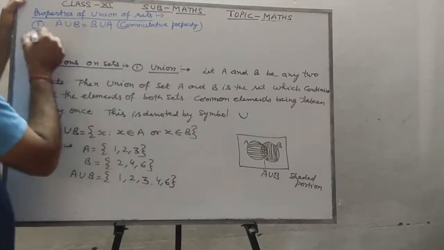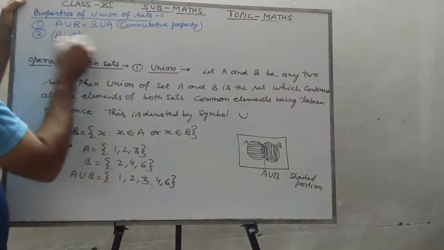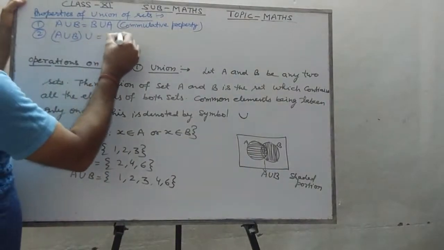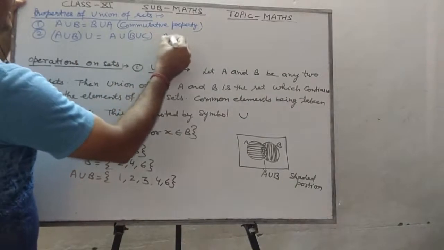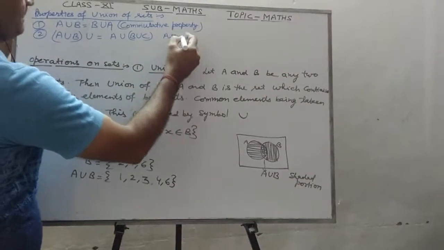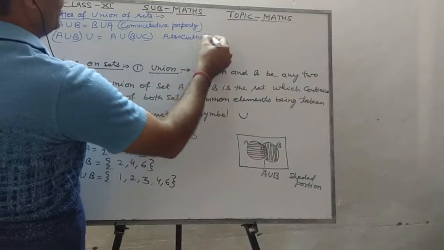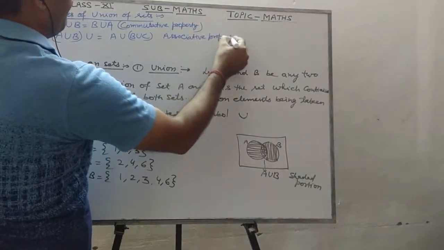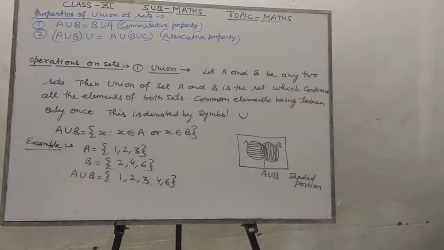Then A union B union C equals A union B union C, meaning the associative property. The union of sets holds the commutative property as well as the associative property.